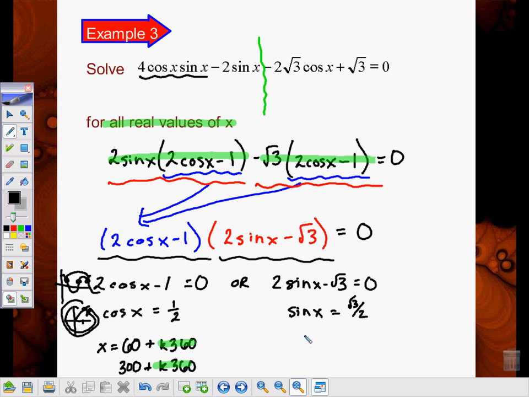And that is going to happen in the first and second quadrants, since sine is positive there. So x is going to be 60 degrees again for the first quadrant, but then in the second quadrant, we get that at 120 degrees. And then, of course, we have to put in that k360 on there again.